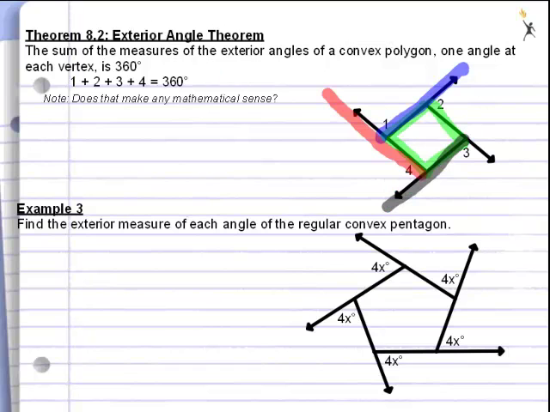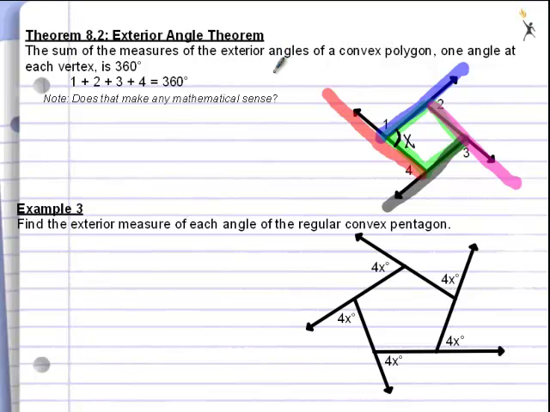You bring in the idea that exterior angles form straight lines, and a straight line equals 180 degrees. Which means, if you think about each of these angles, we'll call this one x for now. X plus this exterior angle form a straight line. Well, if a straight line is 180, then you can say this angle plus 1 equals 180 degrees.